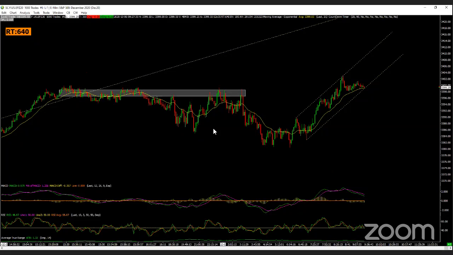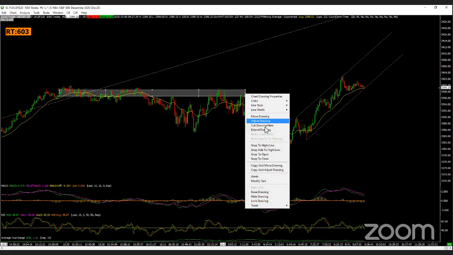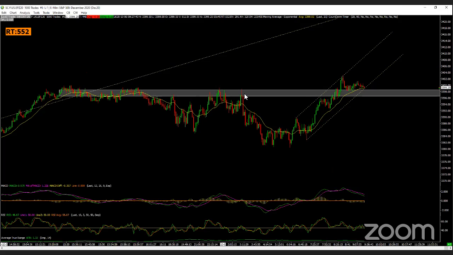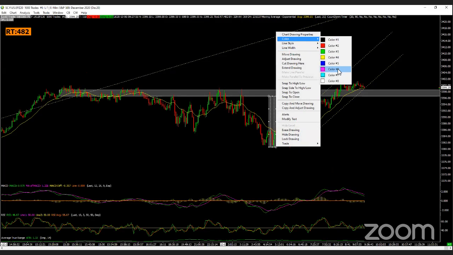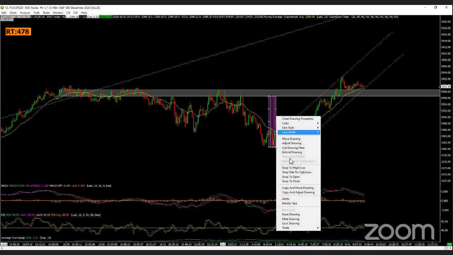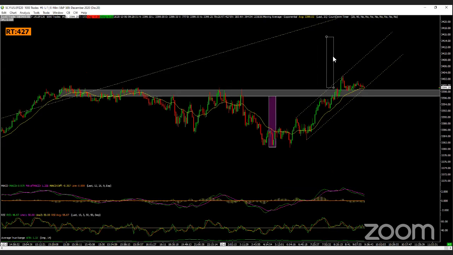And I wonder if this can be considered as a pendulum swing. Let me see here. Maybe it's going to look like something like this.